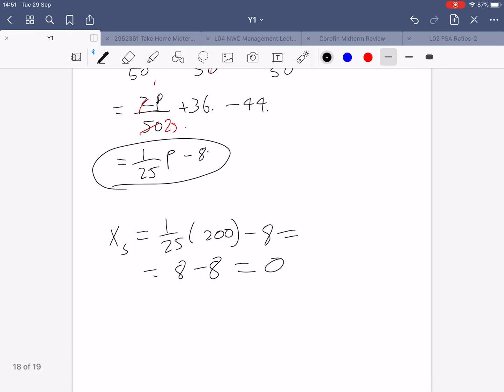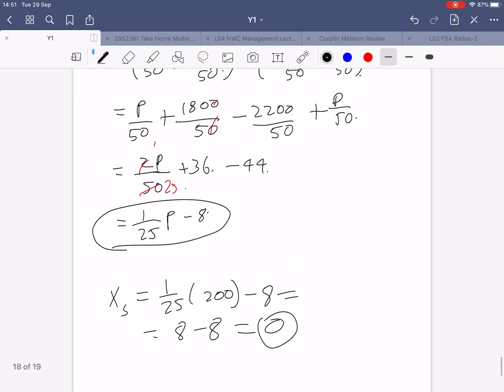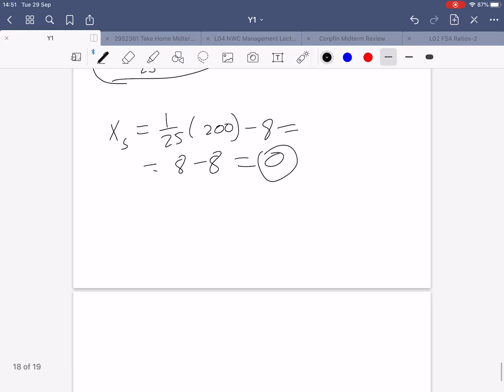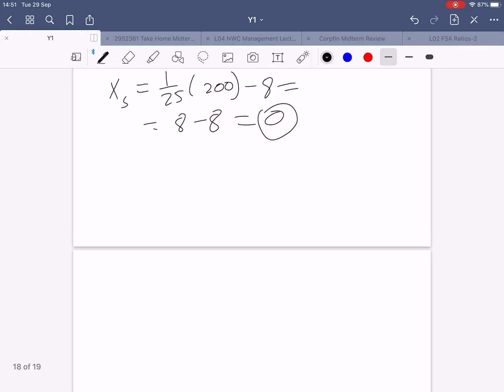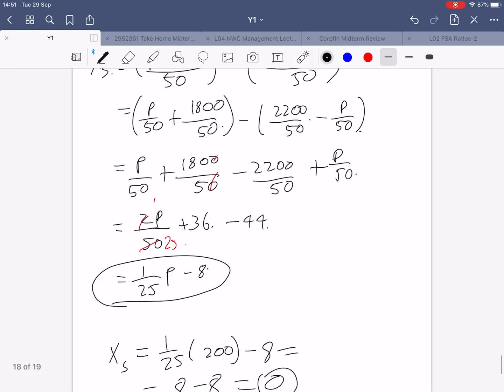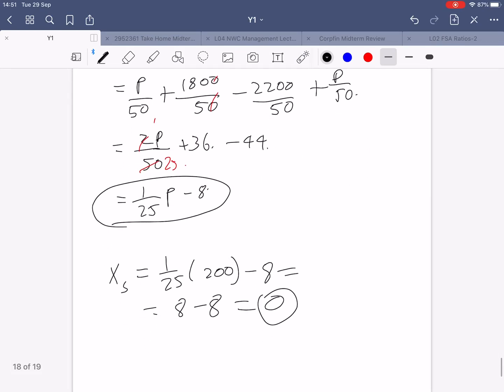So it means that there is no unemployment when, as we have seen in the previous video, there is no minimum wage. So this equation is reliable.